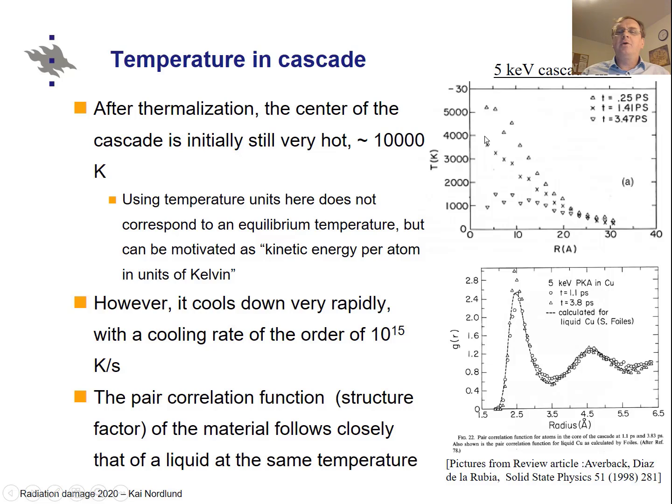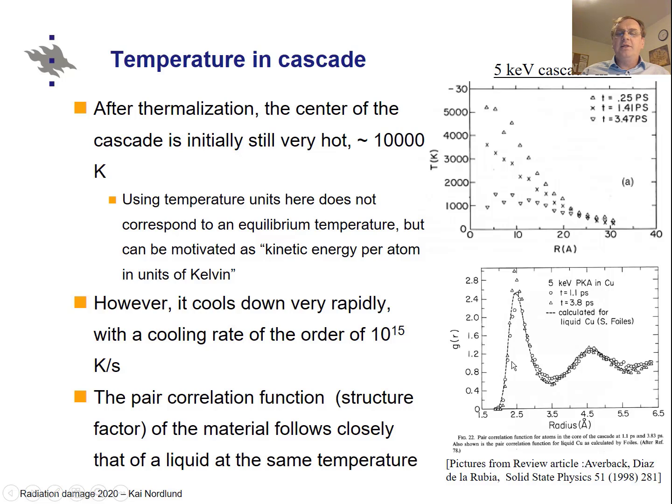But it's important to understand that this is not an equilibrium temperature yet, because the system is not yet fully thermalized, and it cools down on a sub-picosecond time scale, so this is not an equilibrium temperature as normally understood. Some people nitpick that this is not a temperature at all, but if somebody is nitpicking on this, you can say that this is kinetic energy per atom in the heat spike region in units of Kelvin.